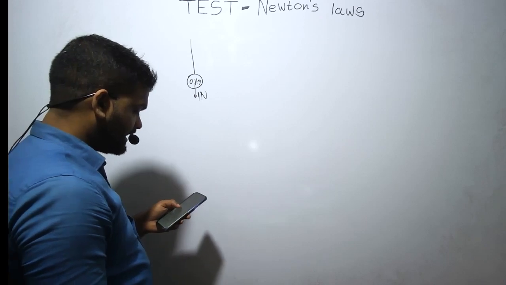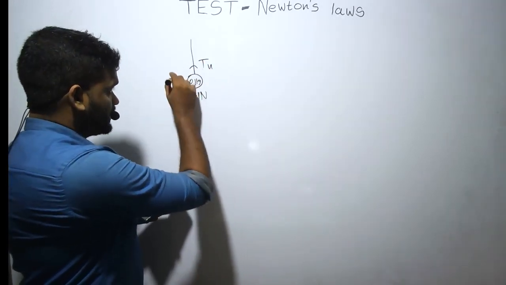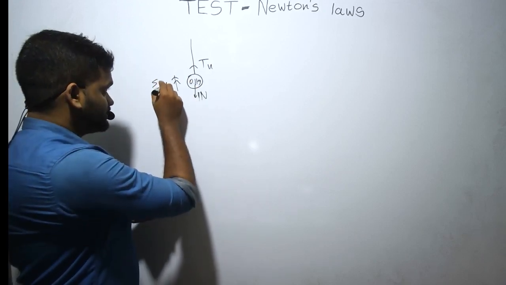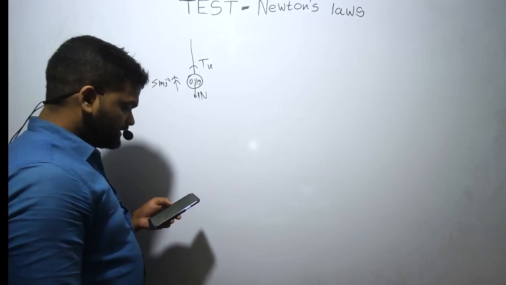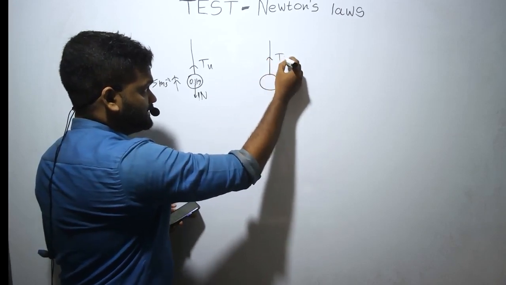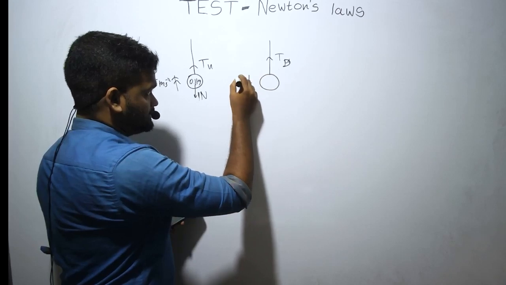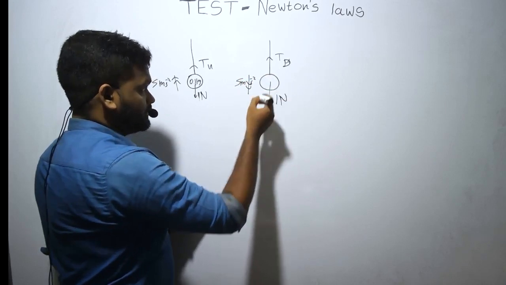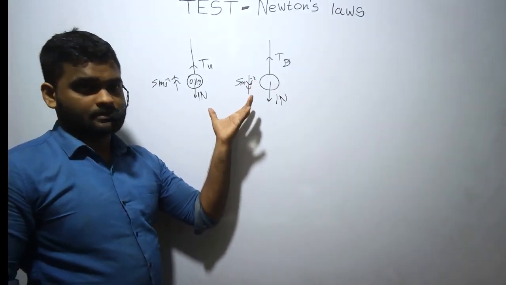First, the object accelerates upwards, so there's an upwards tension, and it is accelerating upwards at 5 meters per square second, and the tension is Tu. Then the object is accelerated downwards, with tension TD acting on the object, and it is moving downwards at 5 meters per square second. Weight is always there.